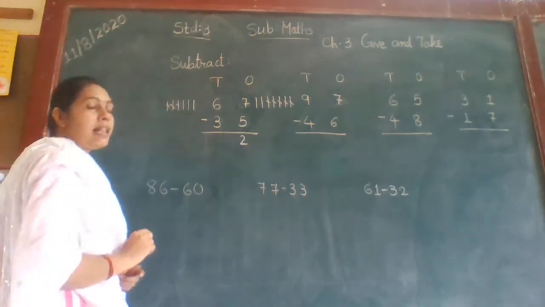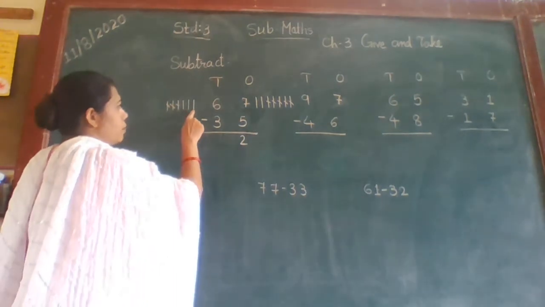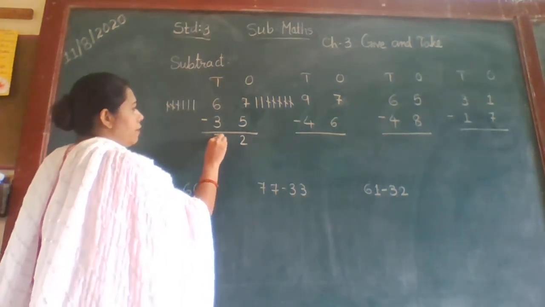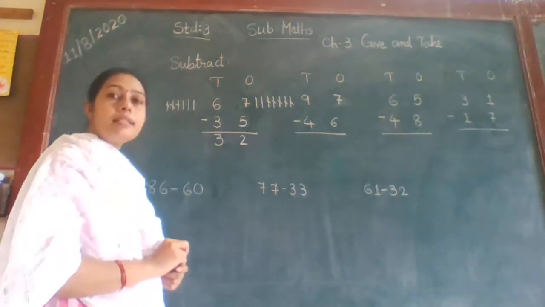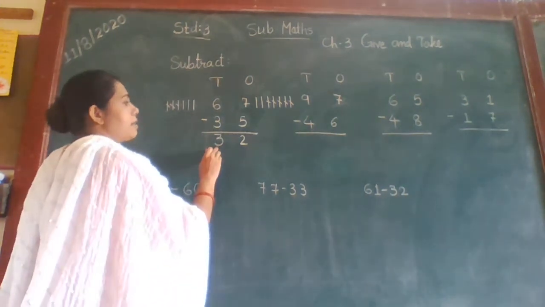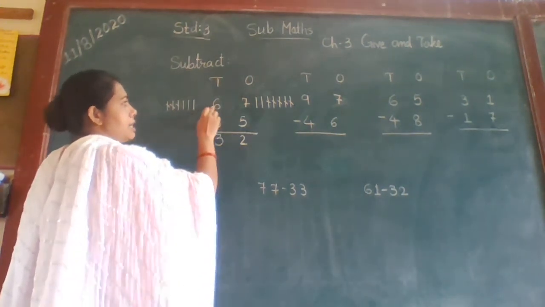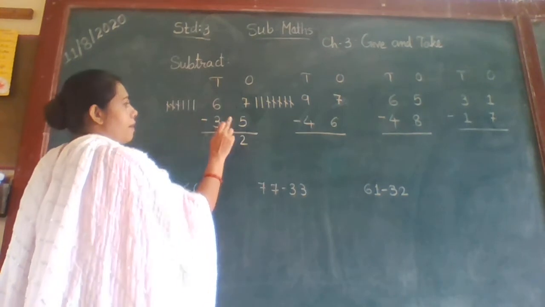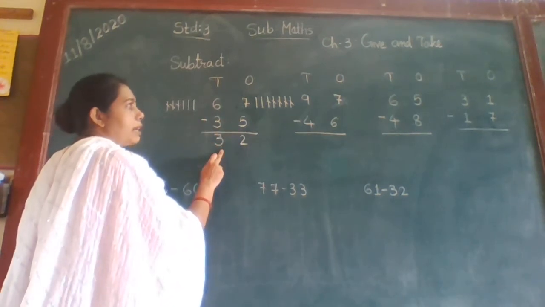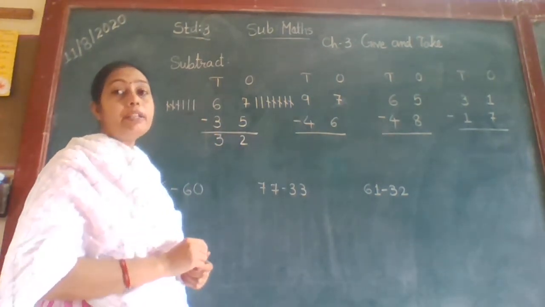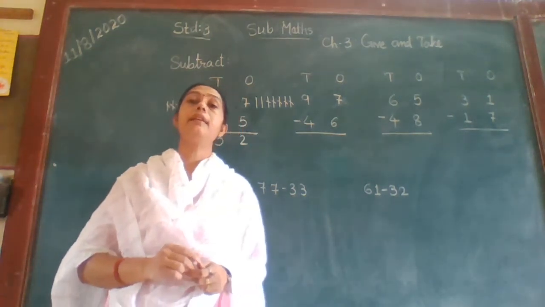How many lines are left? 1, 2, 3. So that 3 we write on the answer's place. So our answer is 32. 67 minus 35 is equal to 32.